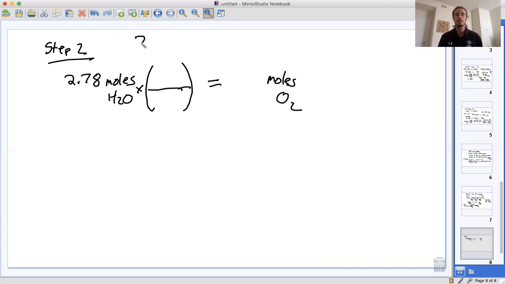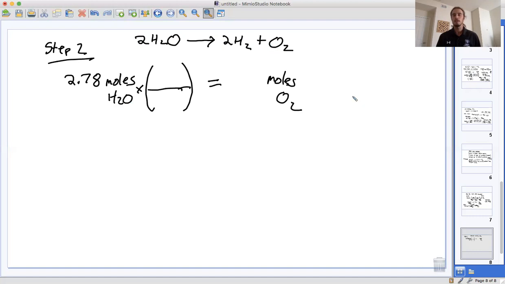So I'm going to put the reaction here at the top. We're going to use the coefficients. For the two substances, water and oxygen, the coefficient for water is 2 and the coefficient for oxygen is 1.